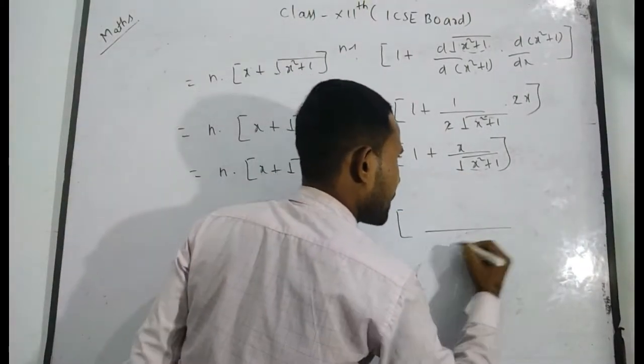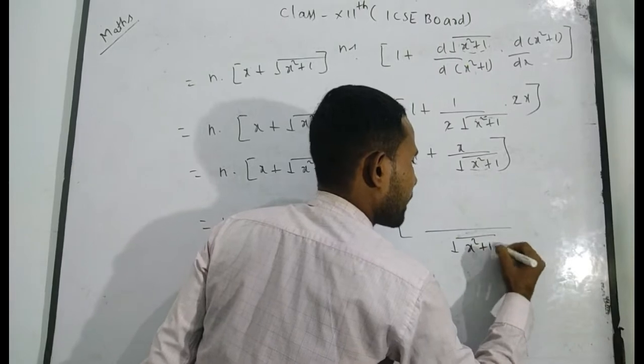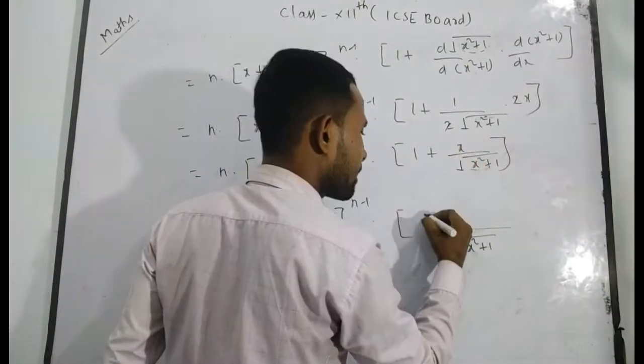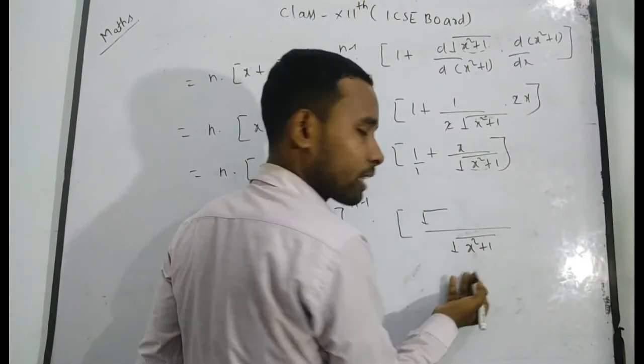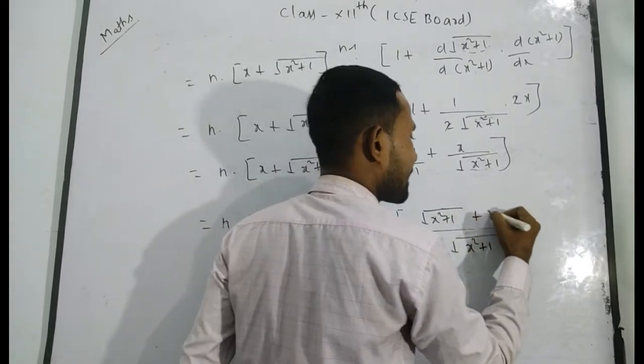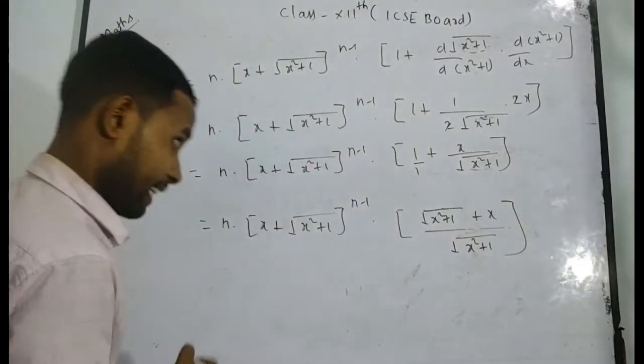After taking LCM, it will be √(x² + 1) in the denominator, and in the numerator √(x² + 1) plus x, which will be your next step.